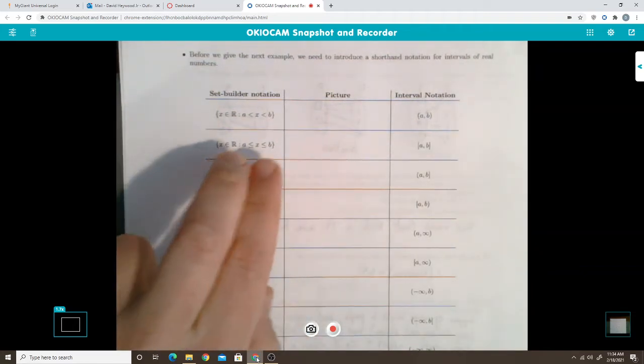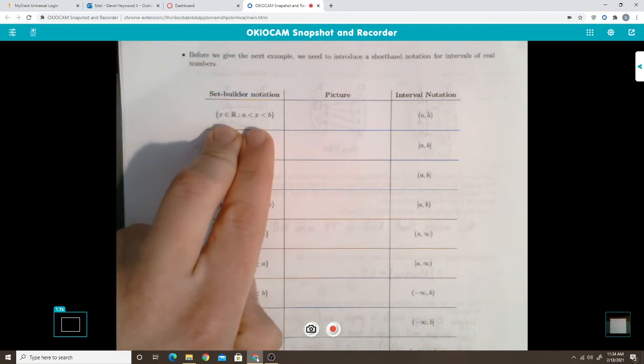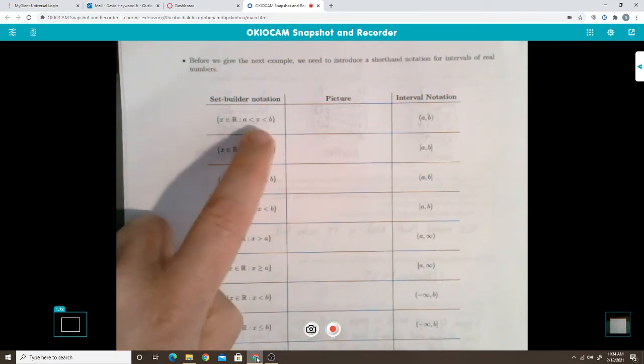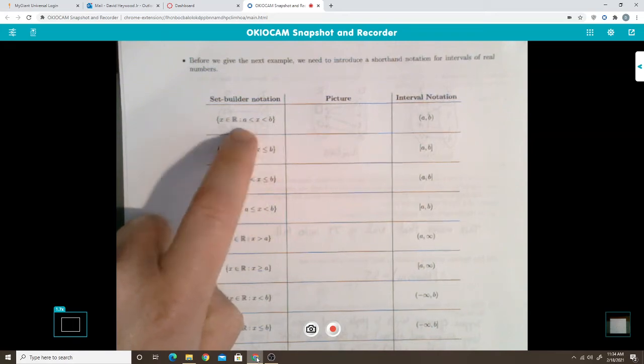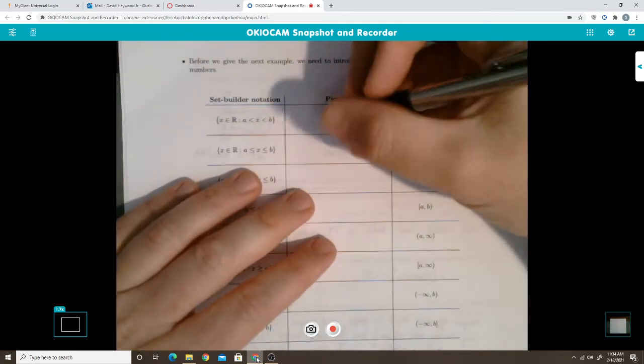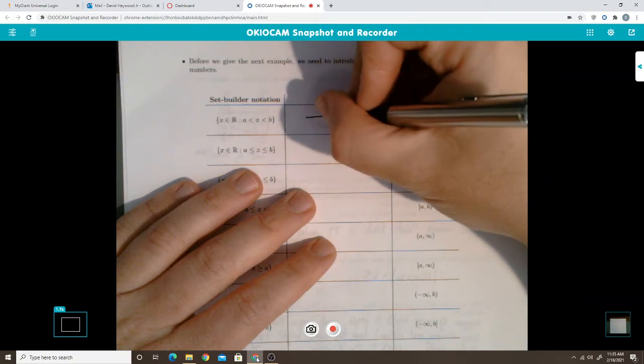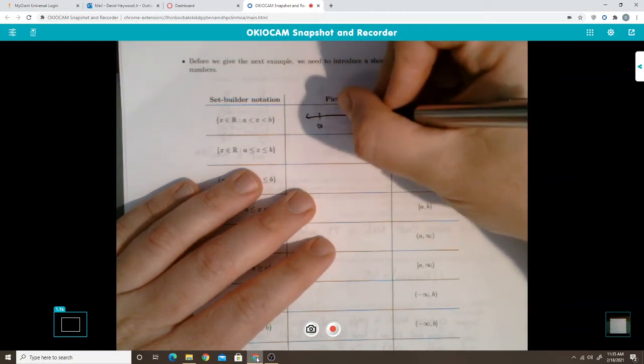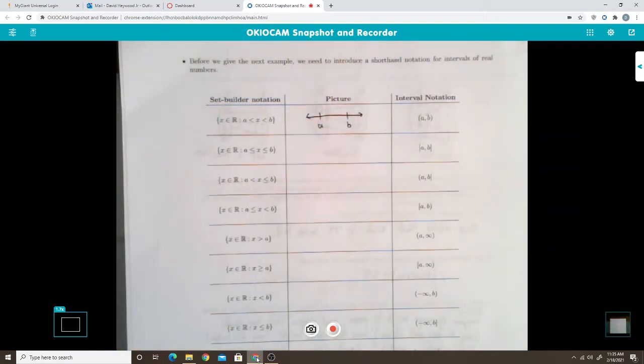So this first one is the set of all real numbers, right? So the set of all x, where x is a real number, where x is between a and b, right? So the picture, you can draw a number line. You can visualize this on a number line. If a is there and b is there, let me use a different color.